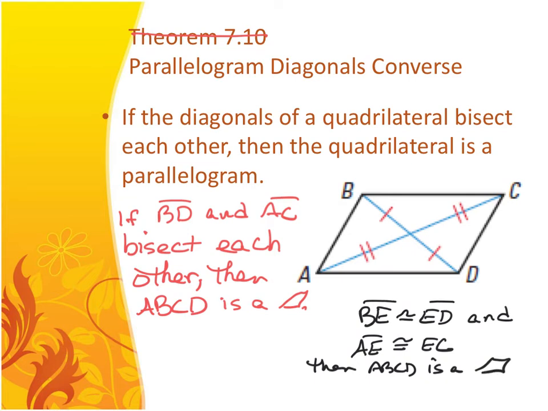This is our fourth way of proving that a quadrilateral is a parallelogram. And then the other way is by the definition: if you have two pairs of parallel sides, then you know it's a parallelogram.